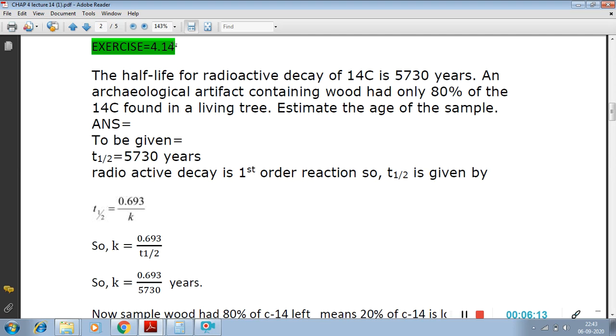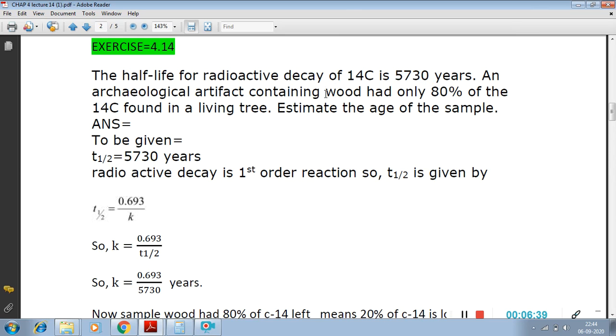Okay, so here in the question, a radioactive compound is there, 14C, and for that 14C the half-life is 5730 years. Now we found a sample of wood.